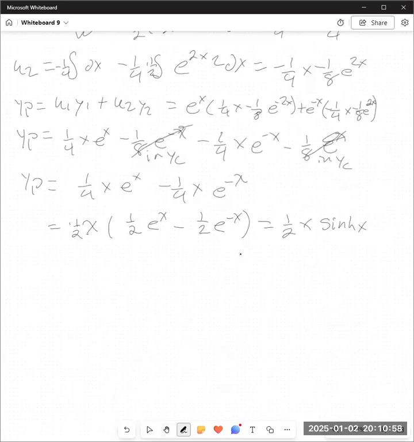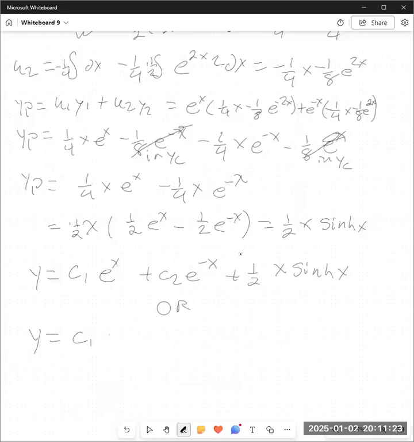And then y equals c1 e to the x plus c2 e to the negative x plus 1/2 x sinh x. As I also mentioned before, it would be just as correct to have had your y1 be cosh x and your y2 be sinh x, and you would still end up with this.